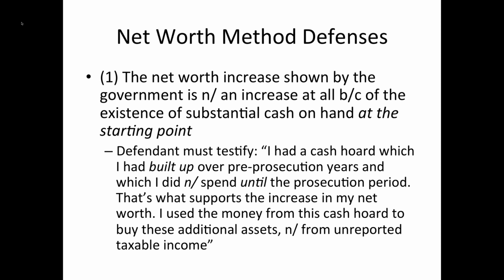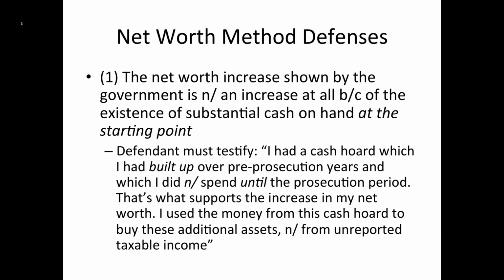However, what I am saying is that this money that I spent was from money that I had accumulated years earlier than this period that the government is looking at. And this was money that I had loose on hand, that was lying around the house, and that I didn't deposit in my bank account, and that I just kept for a rainy day. Now, as you can imagine, it's a tough road to hoe when the amounts differ so wildly.